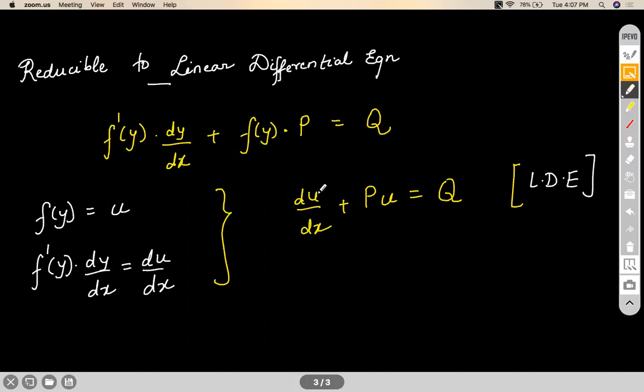Here the dependent variable is u, the independent variable is still x. P and Q here are functions of x.